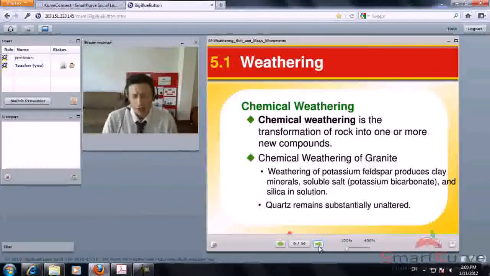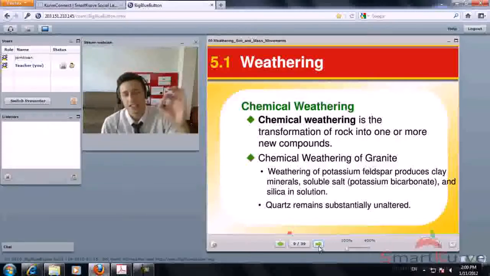So to look at an example there, on slide 9, the chemical weathering of granite. Remember, granite contains a lot of different minerals. Granite is that really spotty rock that contains many different minerals like quartz and feldspar.